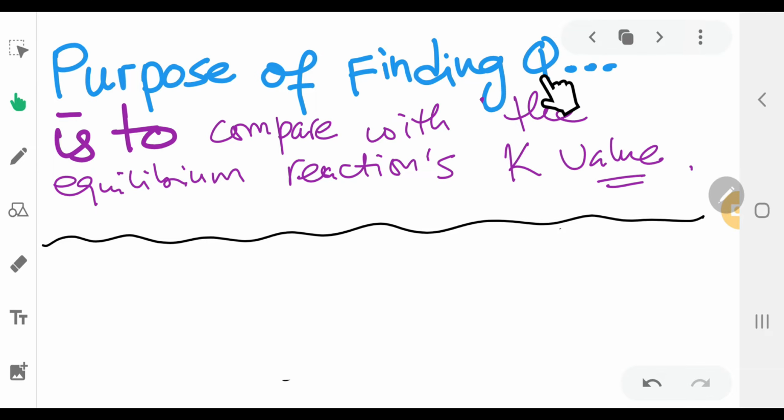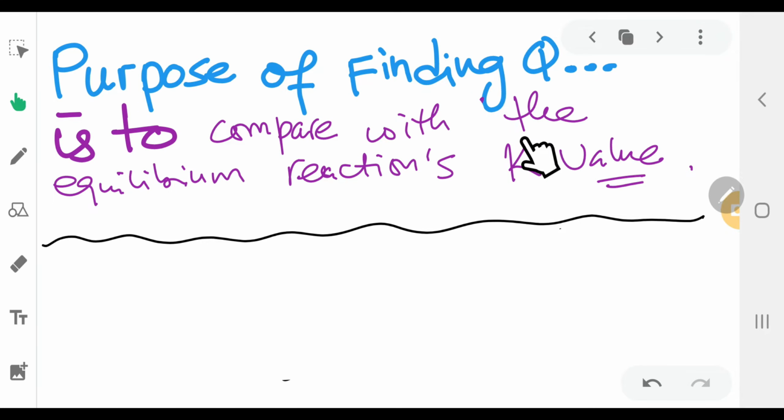The questions will give you a situation and a set of data. You use that data to write down the Qc or Qp expression, and when you get the value for Q, you need to compare it with the K value.